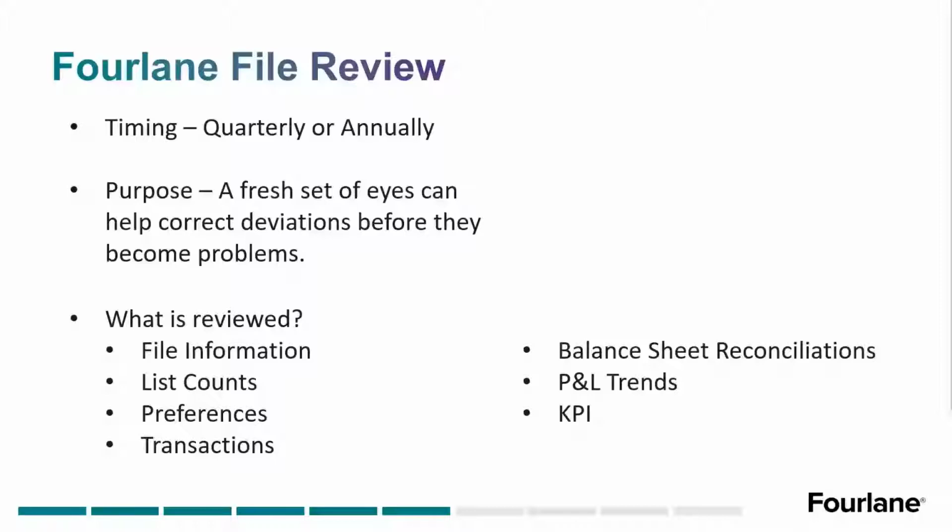But in this case, we're looking at the actual data, stepping back from the day-to-day, from being immersed in reconciling accounts or posting transactions or arguing with somebody over reports, and saying, is this structurally sound? Does it make sense? Are we using it in an effective manner? Those are the kinds of things.